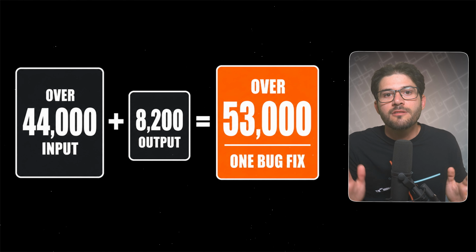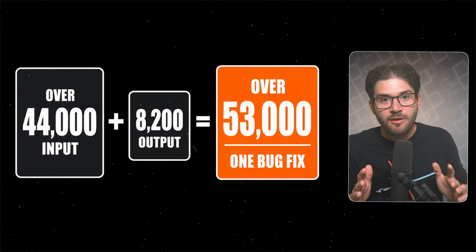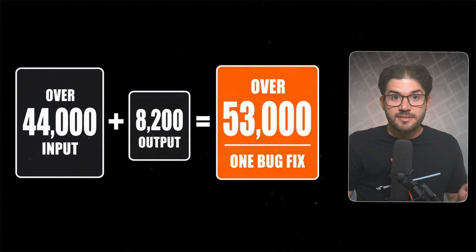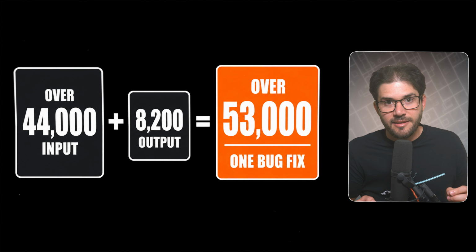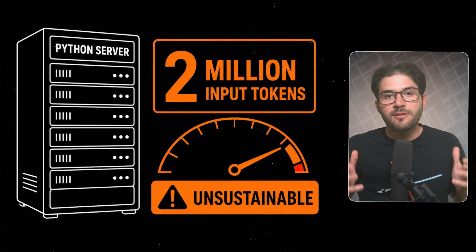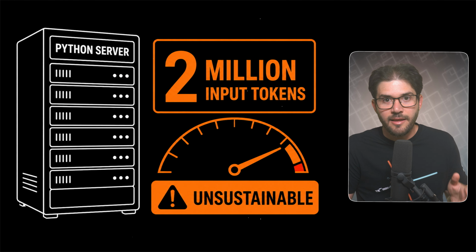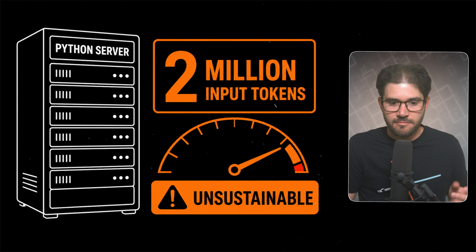So in conclusion, one simple bug fix just costs over 53,000 tokens. And this was just a simple example. I recently created a Python server from scratch, and the total cost was like 2 million input tokens. I mean, easy peasy. And as you can see, this is completely unsustainable.